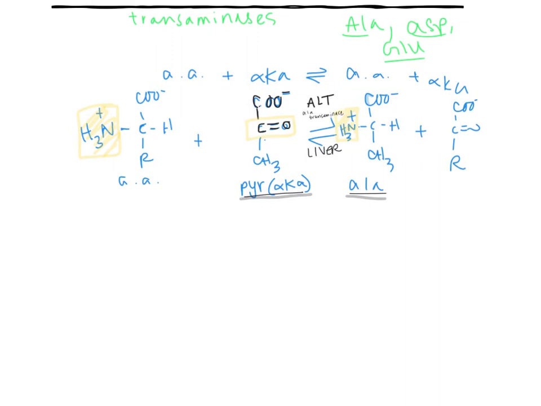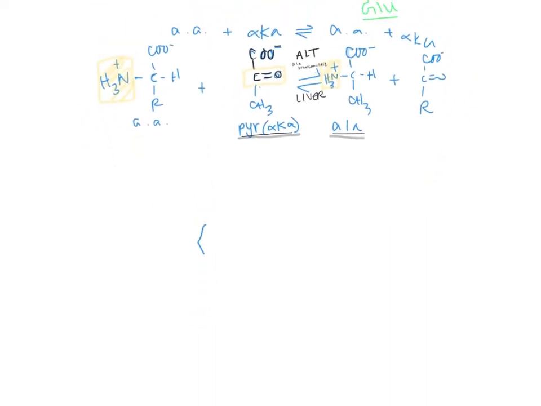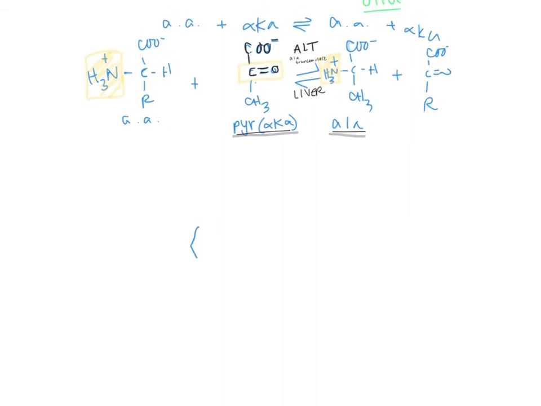All right, so we made alanine. Check. Let's make aspartic acid. So again, I'm going to go back. Let's play around with colors here. I'll leave my amino acid in blue.